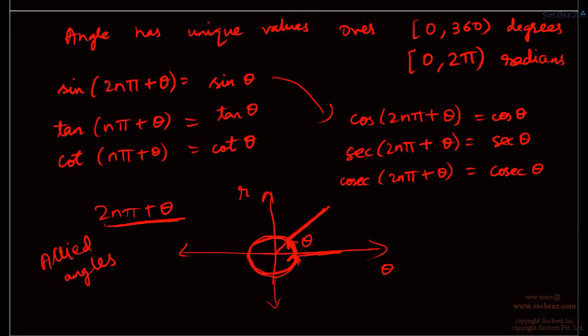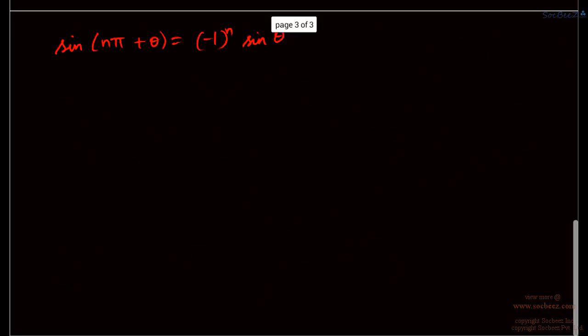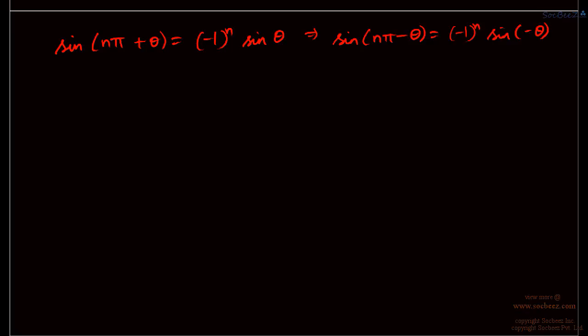But sin of pi plus theta will be minus sin theta. From this you can also derive, by putting theta equal to minus theta, sin of n pi minus theta, which is minus 1 power n sin of minus theta. Now we know that sin of minus theta is just minus sin theta, so this can be written as minus 1 power n plus 1 sin theta.